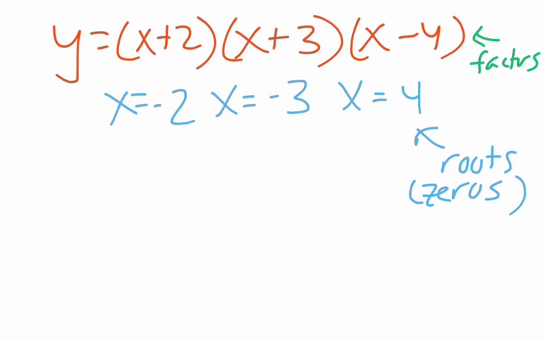Now, notice, if I say, is x plus 2 a factor of whatever, or is x equals negative 2 a zero, it's actually the same question. If x plus 2 is a factor, then x equals negative 2 is a root.